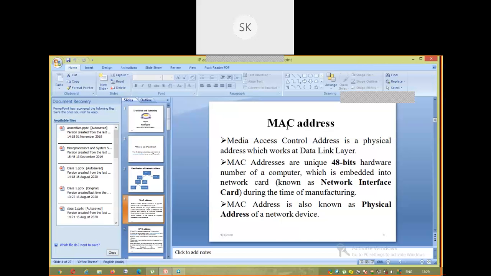There are 48 bit digits written on the network interface card, and that MAC address is provided by the data link layer of the OSI model. It is also known as the physical address. That's it. Understood now?